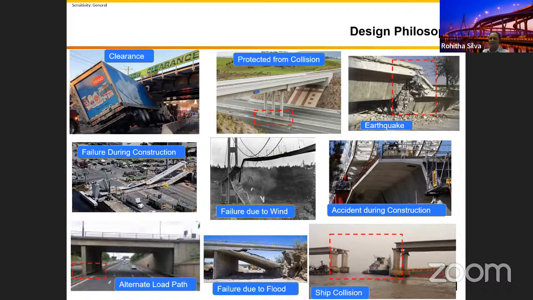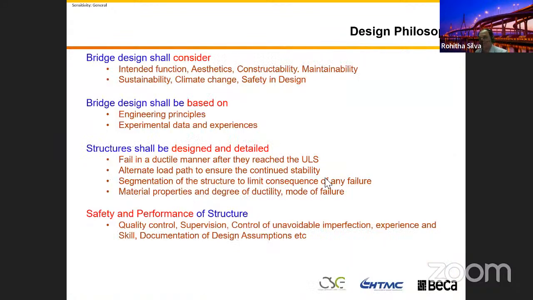I think in the last lecture you were all familiar with that, and then earthquake, flooding, and ship collision, and collapse during construction. All these things could happen when you are constructing a bridge. There are heavy longitudinal center structures. Because of that, you need to be familiar with those things. And then I discussed this one in detail.